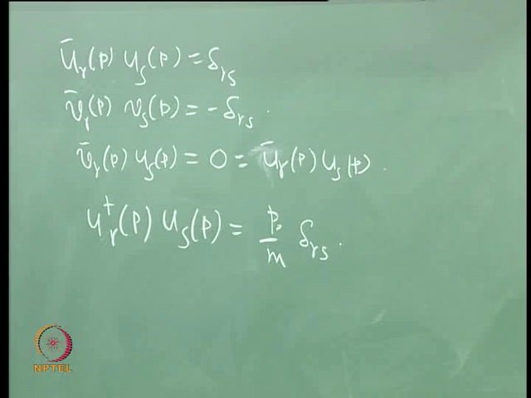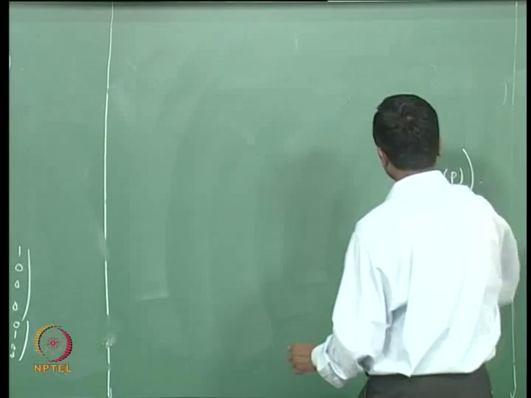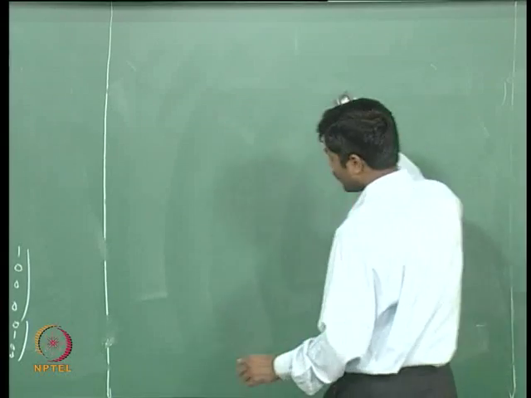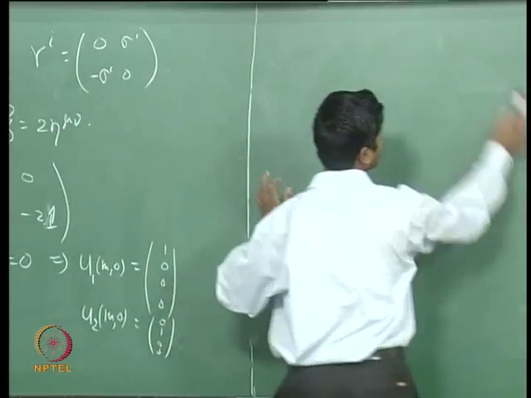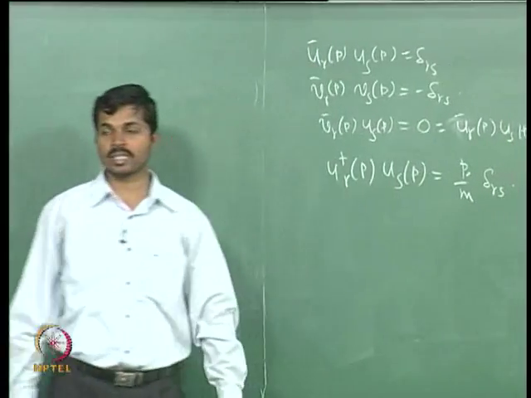So, okay, what we did is that we found the solution in the rest frame, and then from using the 4 linearly independent solutions in the rest frame, we have derived some important identity.